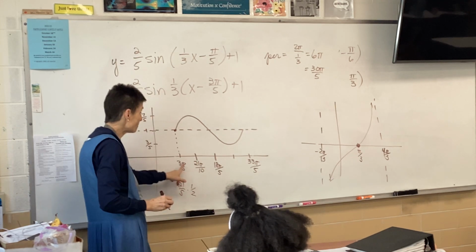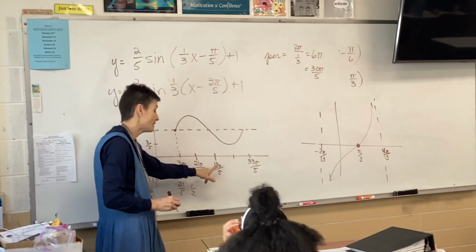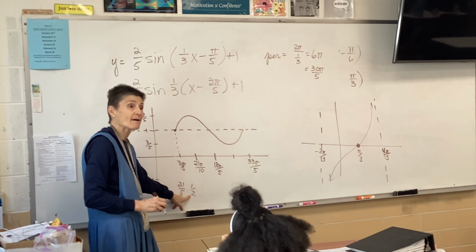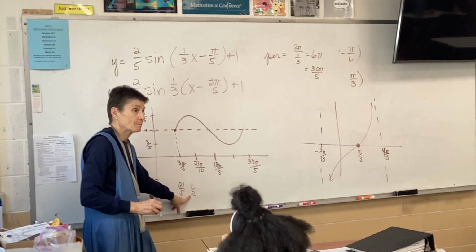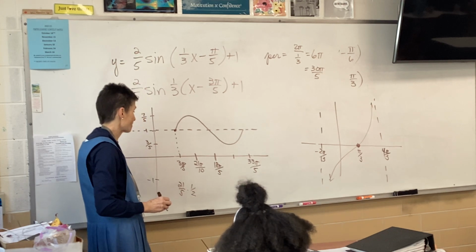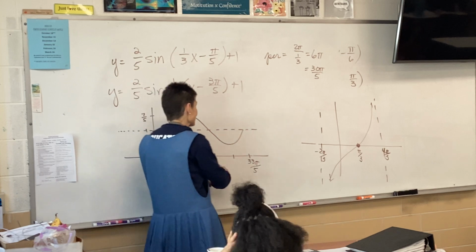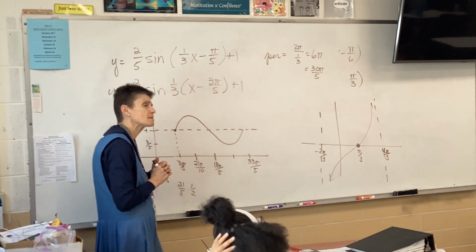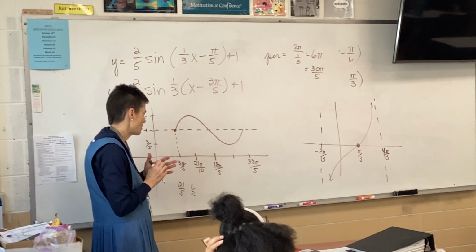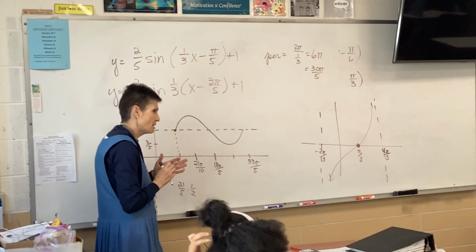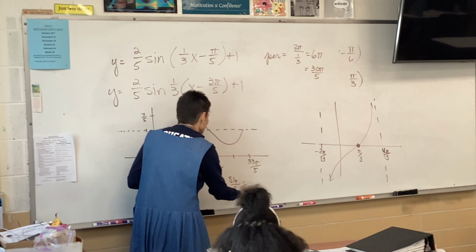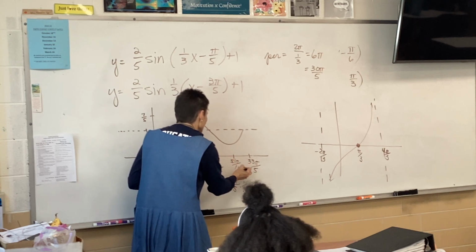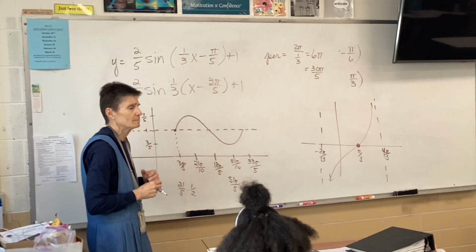I add them, so I got 21/5, and then take half of it, divided by 2. Same thing here. 18 and 33 makes 51, and half of 51/5 is 51/10.